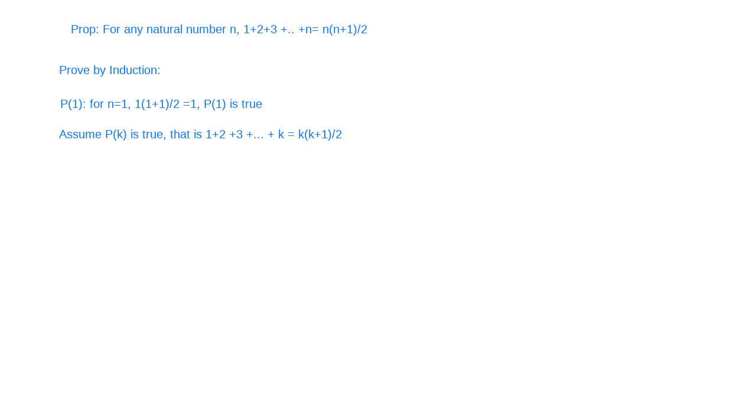I'm assuming P of k is true, which means when n equals k, it's a true statement. We want to use P of k to prove P of k plus 1.